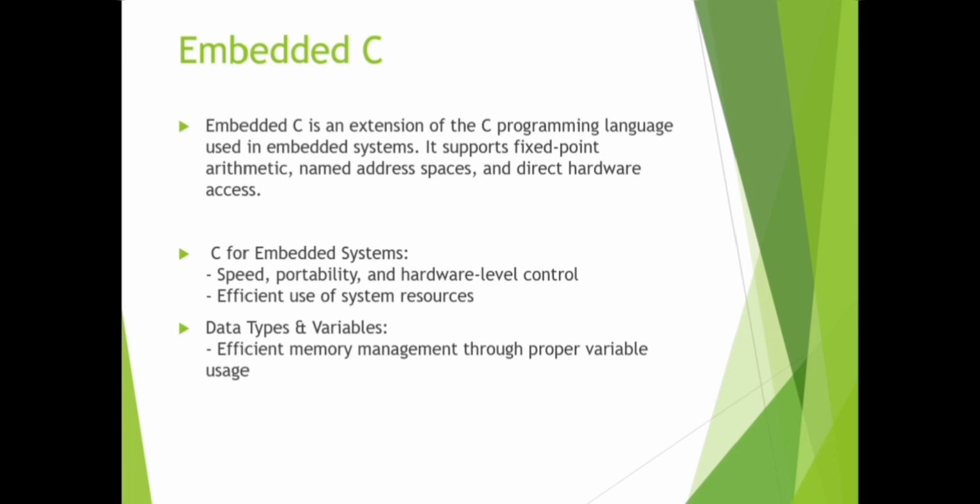Control structures help in reacting to inputs like button presses. We split our logic into functions so the code is clearer and reusable. We use macros and #define to write flexible and hardware specific code. Without embedded C, we would not be able to tell our microcontroller what to do in different situations.